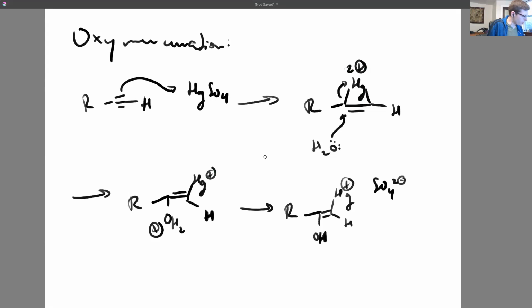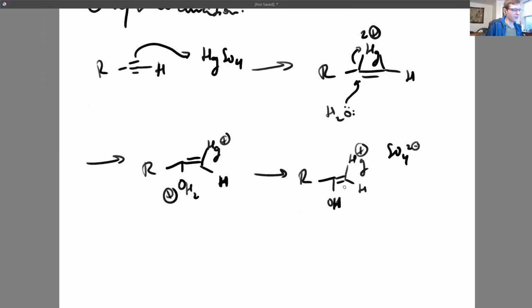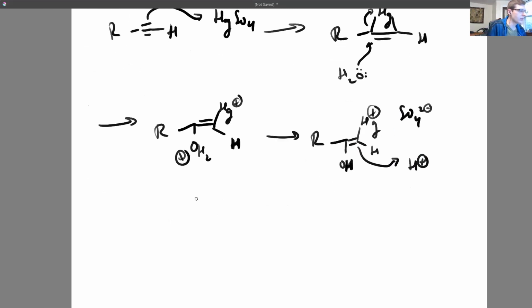So what happens is this double bond goes to a hydrogen, because we have sulfuric acid, so there's a bunch of hydrogens floating around. You could pull it off of water too, it makes no difference. Okay, and so we get this.